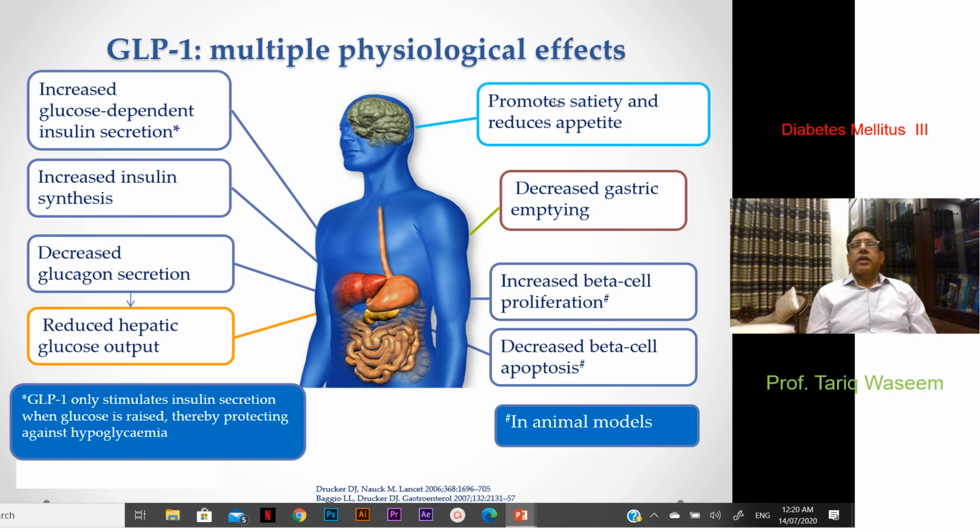It promotes satiety and reduces appetite, it decreases gastric emptying, increases beta cell proliferation, and decreases beta cell apoptosis. So this all would achieve a better glycemic control.